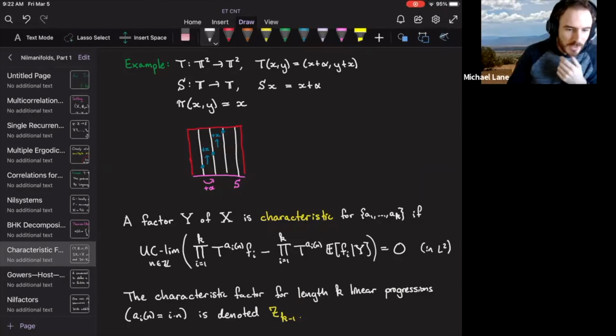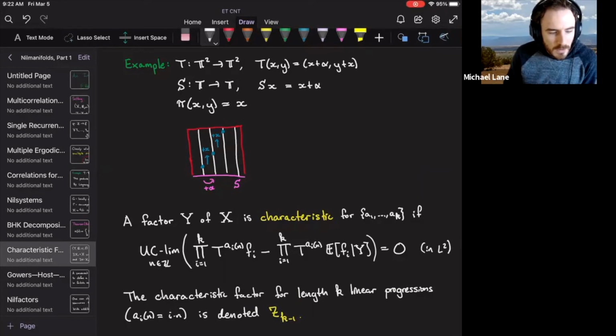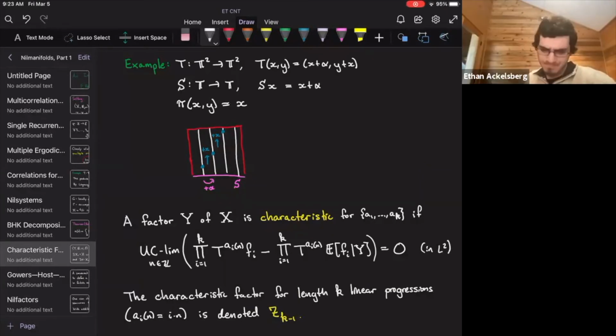So I guess what's not clear to me is, when you take the smallest, there's some way that factors are contained in one another, but it's not clear to me how you would define containment of factors. Inclusion of sigma algebras, right?